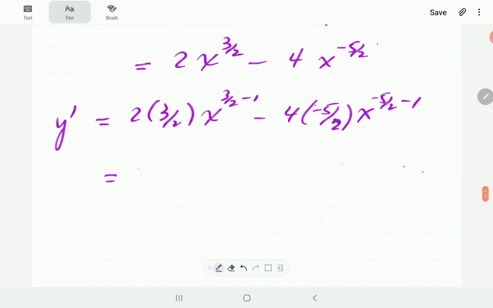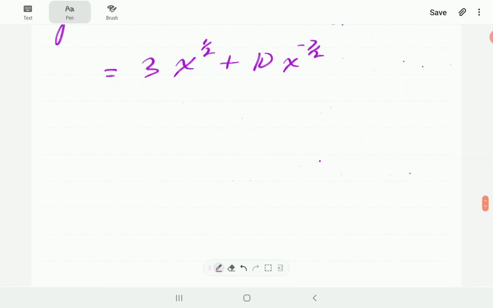Then we tidy this up. 2 times 3/2 is just going to be 3. 3/2 minus 1 is 1/2. 4 times 5/2 is going to be 10. And then -5/2 minus 1 is going to be -7/2. We can leave that one in that form.